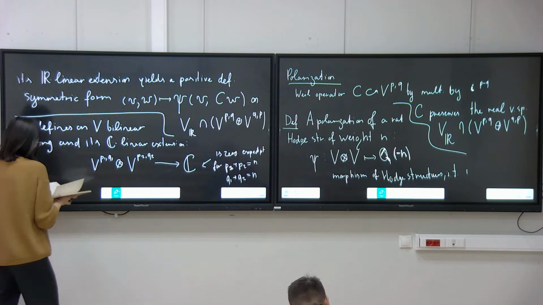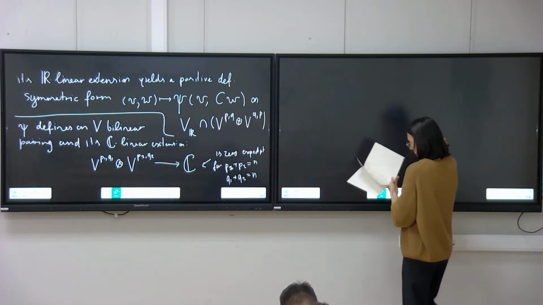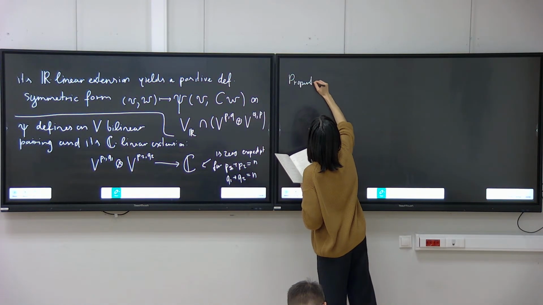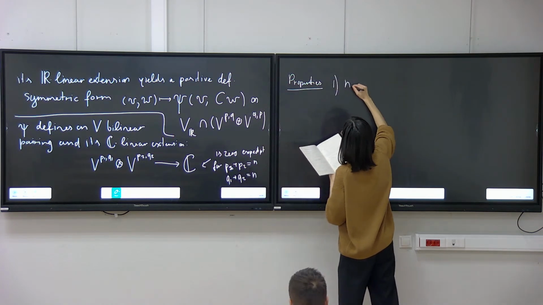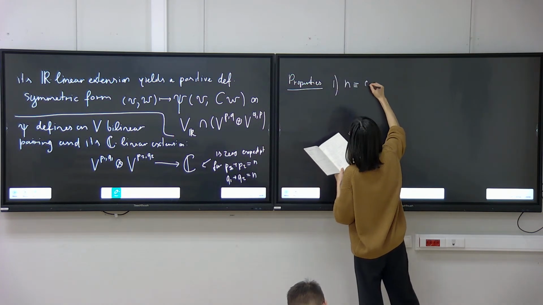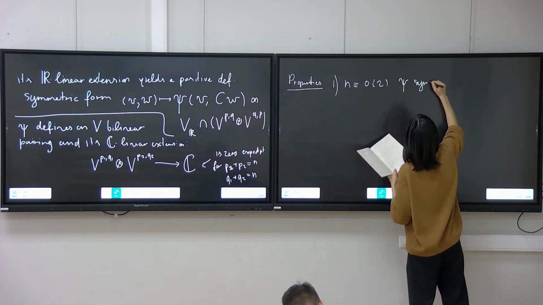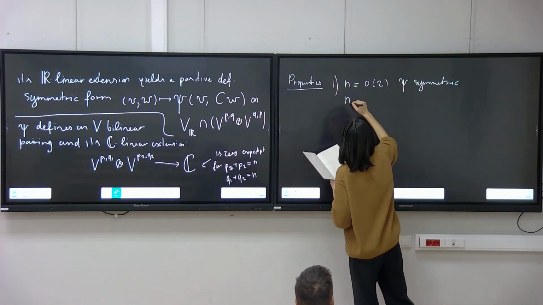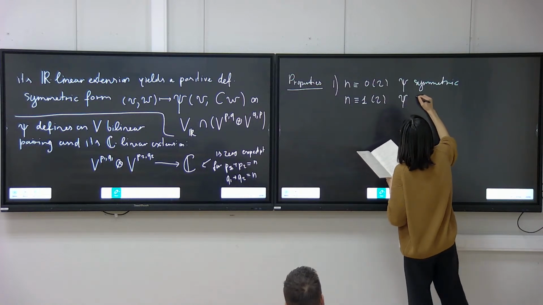Okay. Then properties. So first of all, if n is even, then phi defines a symmetric bilinear form. If n is odd, then phi is anti-symmetric.